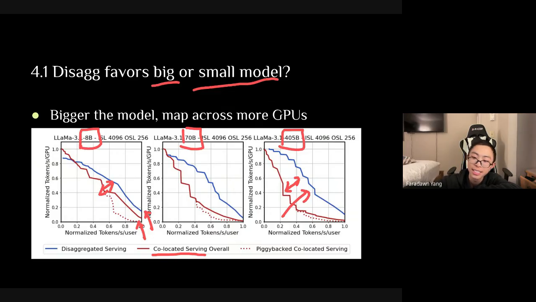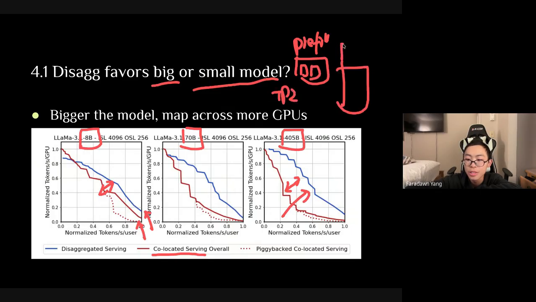It's because you can use more parallelism strategies for bigger models. You are more flexible in your choice. So prefill, you can have a TP of 2, whereas decode, you can have a TP of, say, 48.